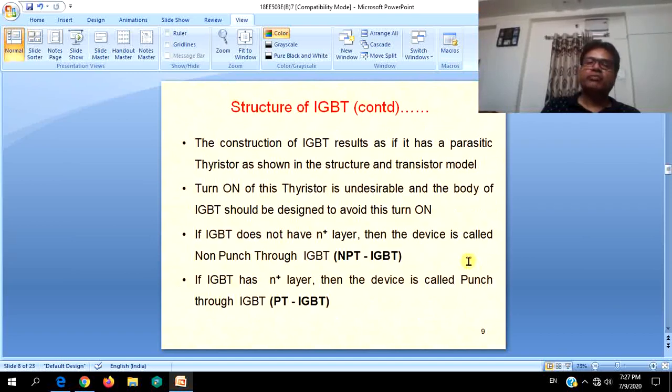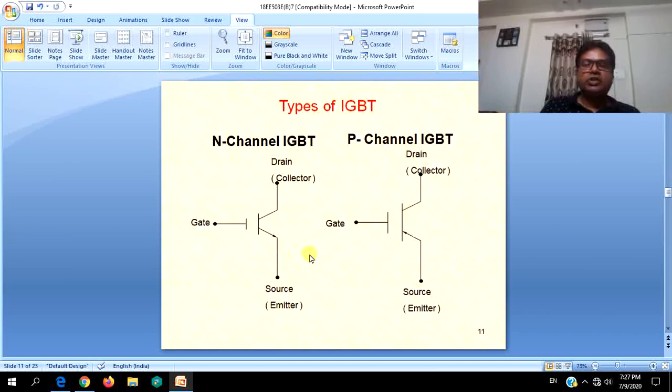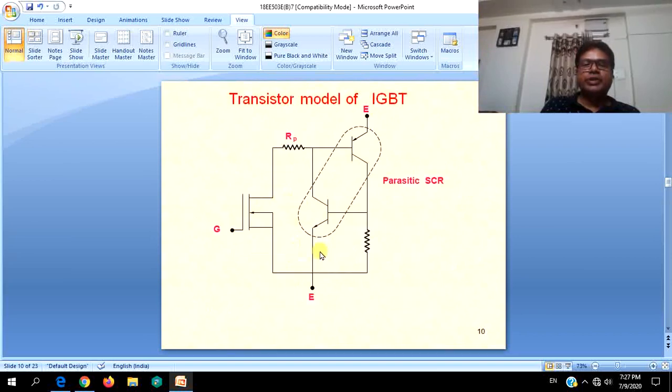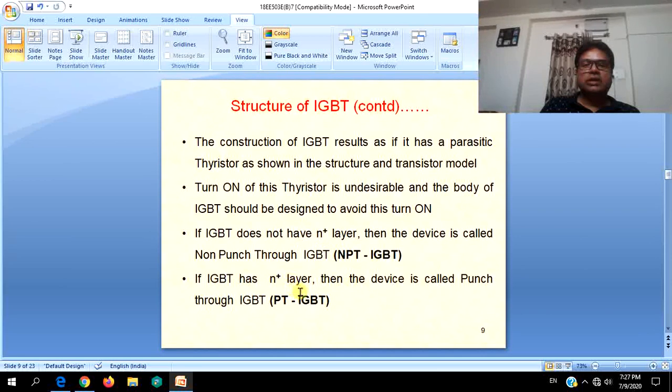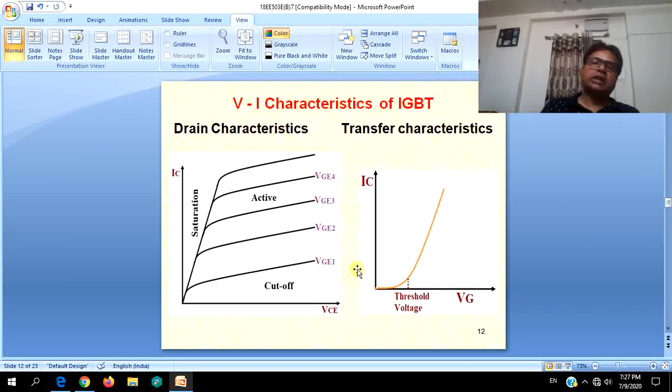That is why amongst all the configurations, N channel IGBT with non-punch through configuration is used, that is without N plus layer. So NPT IGBT is the most commonly used one to withstand higher reverse blocking voltages and better forward currents and better gain.